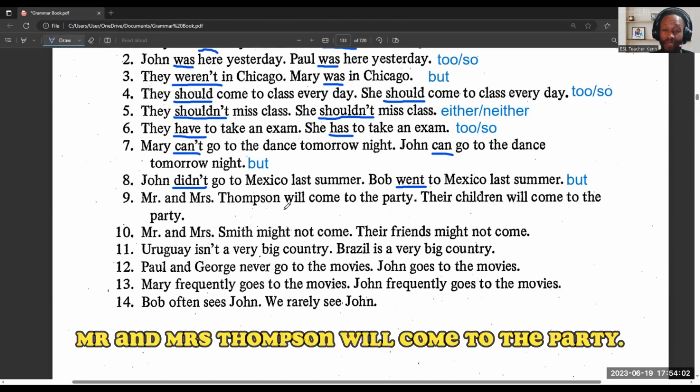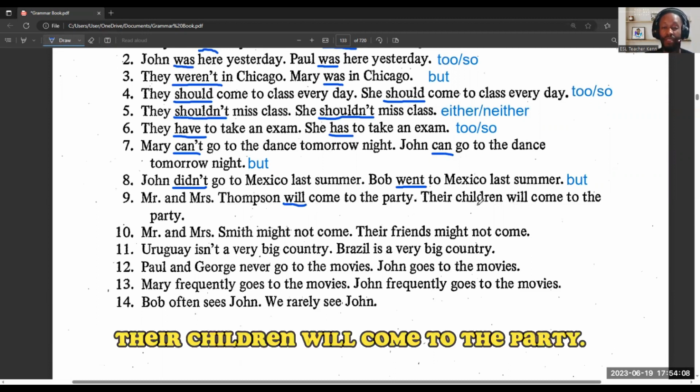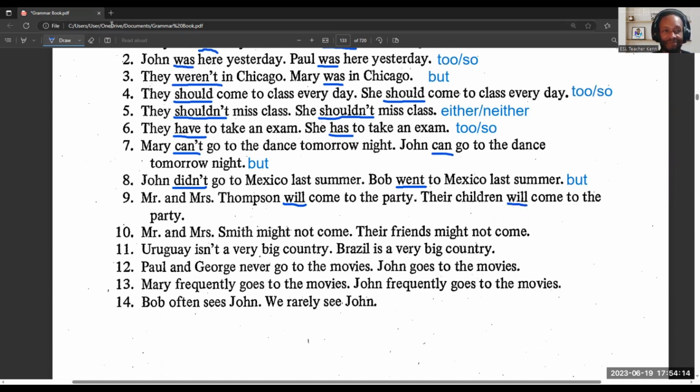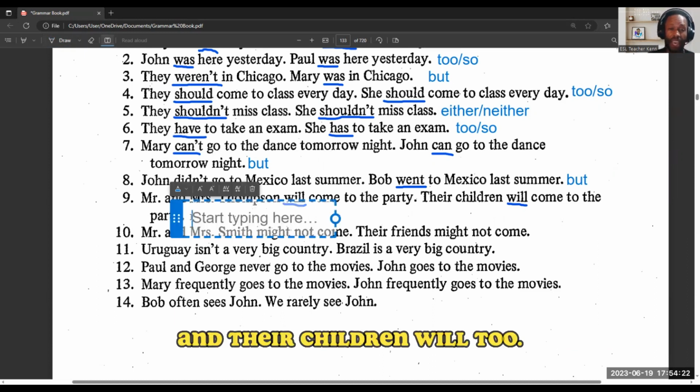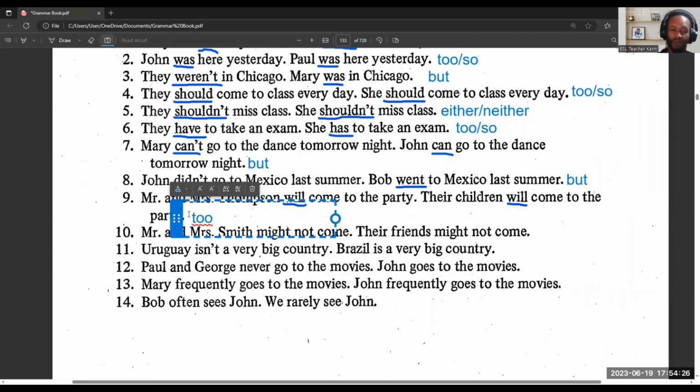Mr. and Mrs. Thompson will come to the party. Their children will come to the party. Mr. and Mrs. Thompson will come to the party, and their children will too.